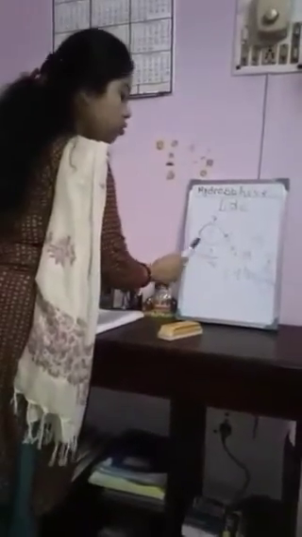Now, see, there are 4 tides: P1, L, P2, L1. So, what is the time gap between two tides? It is 6 hours 13 minutes. This is the time gap between each tide. Here also 6 hours 13 minutes, and here also 6 hours 13 minutes.